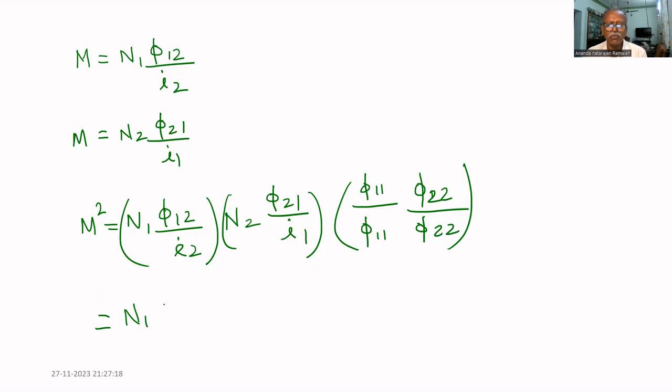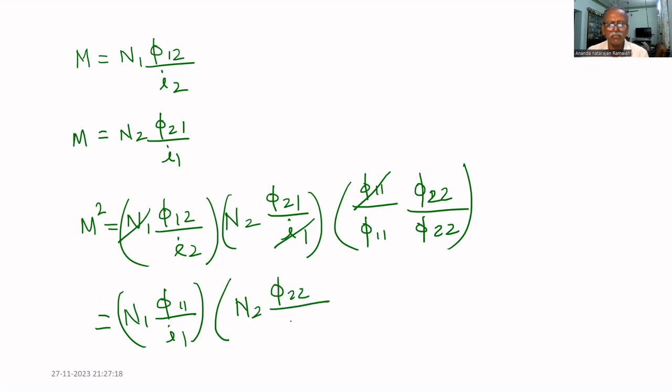N1 φ11 divided by I1, and N2 φ22 divided by I2. So what is the remaining? φ12 is there. This is flux from the second coil linked to the first coil.